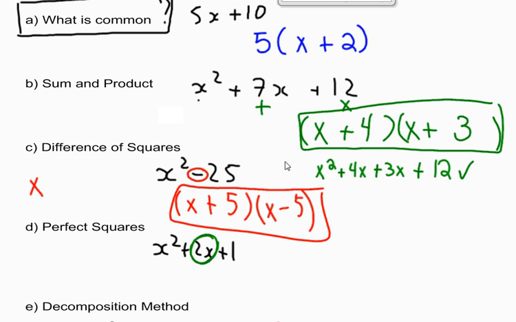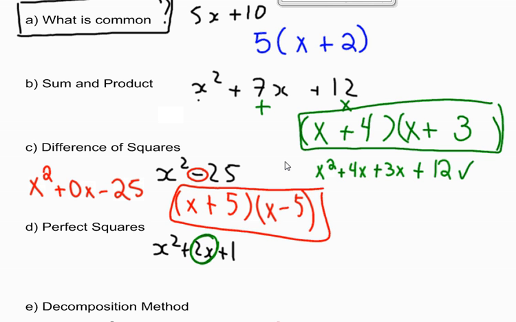Really what we have here is x squared plus 0x minus 25. And in your head, you can think, what two numbers multiply to negative 25 and add to 0? Well, positive 5 and negative 5 multiply to negative 25, and positive 5 plus negative 5 gives us 0. So it's another way of thinking of it.